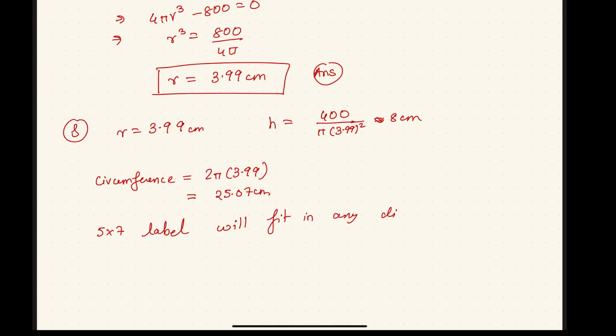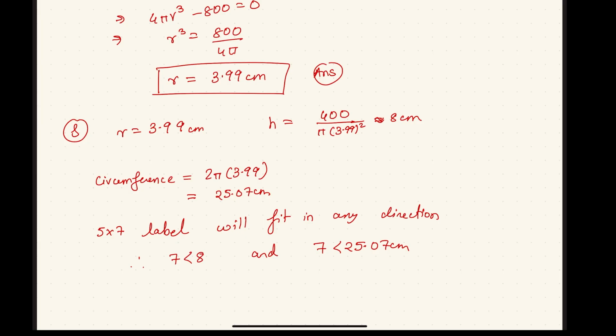First thing, the longest side 7 is less than 8, and the longest side is also smaller than the circumference. So you can put this label any way you want on this can, and it will fit perfectly.